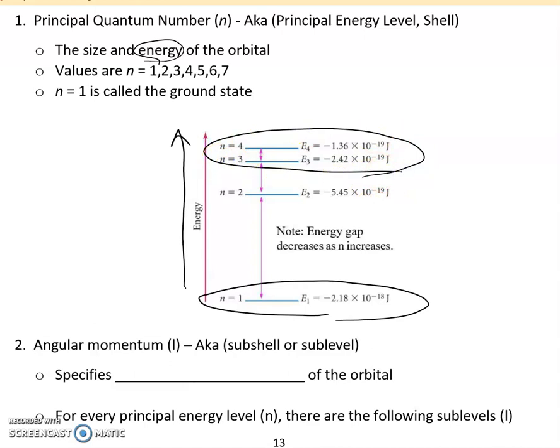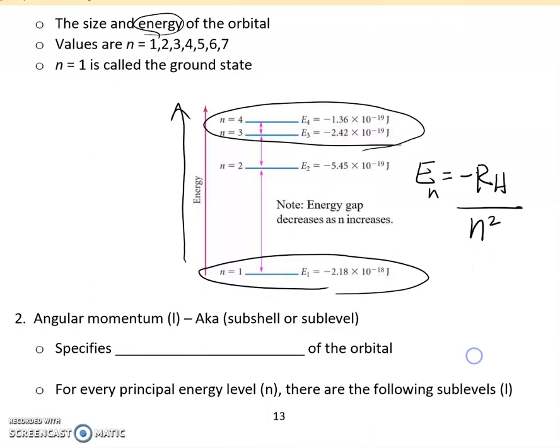Now we can figure out the energy of each of our principal energy levels through the equation E_n equals minus R_H, and hopefully you recognize that as the Rydberg constant, over our principal quantum number n squared.